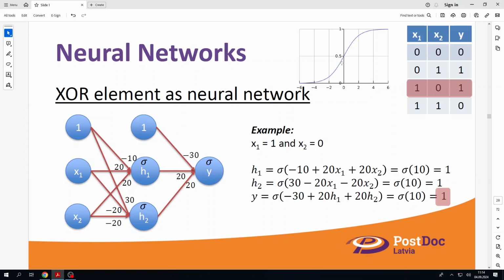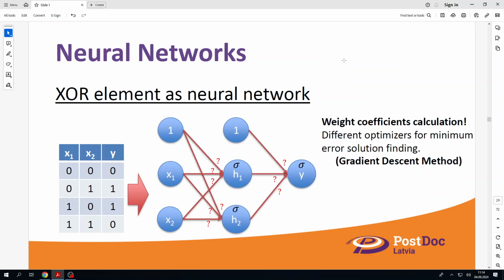So the neural network in that case acts correctly.